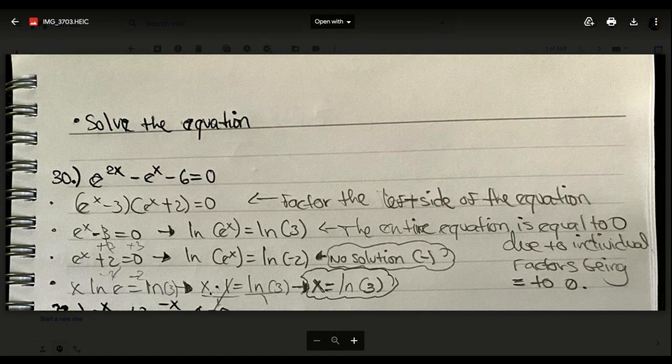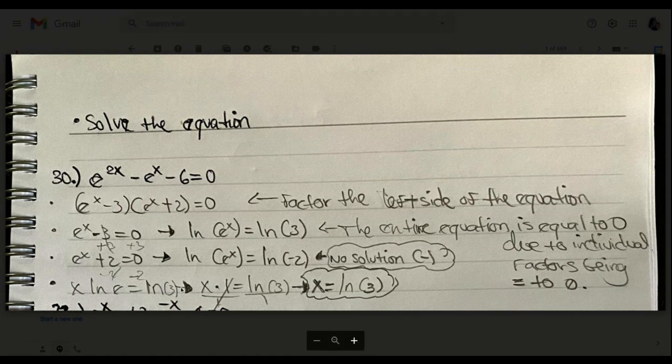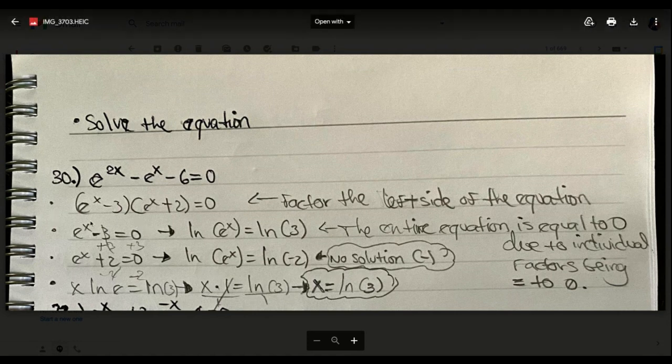So the next step was to replace this by 1, which does not change anything. Then we divide by 1, cross it out, and leave x alone, which is our goal. So x equals ln 3. This is our solution for this first factor.